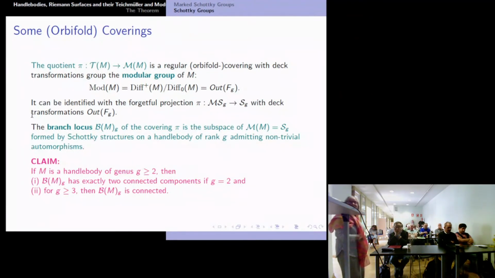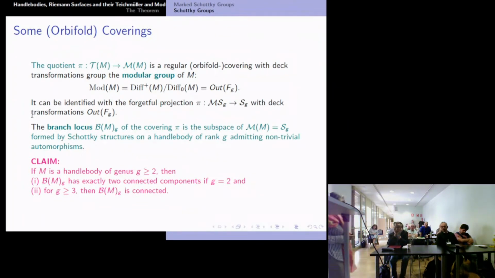And well, the difference from the branch locus for Riemann surfaces is that there it is very, very disconnected. Here, the branch locus for the Schottky space is connected if the genus is at least three, and it has exactly two components if the genus is two.